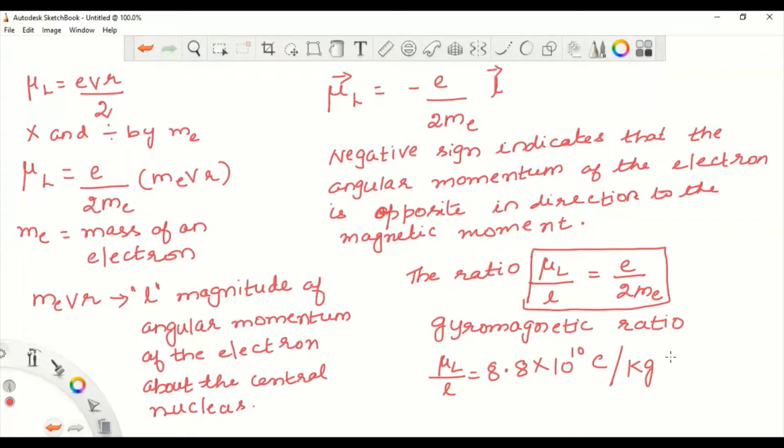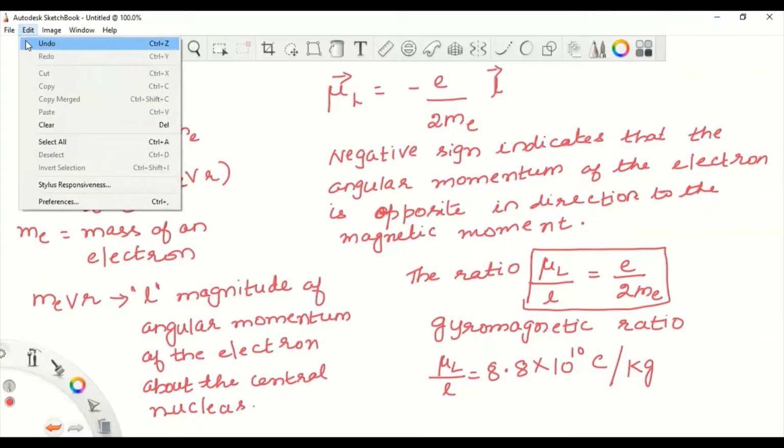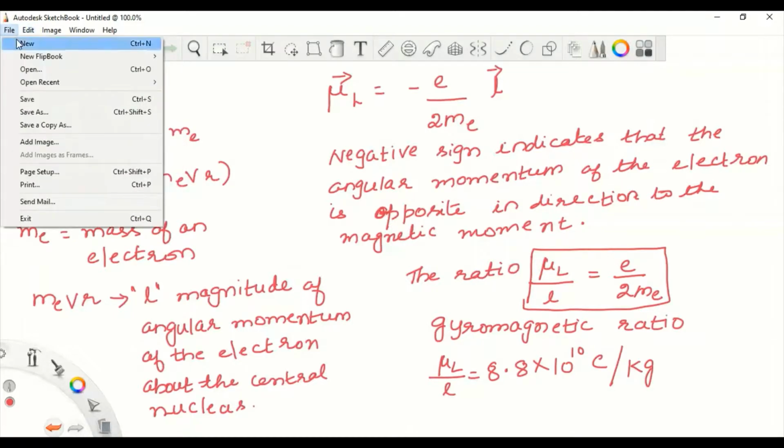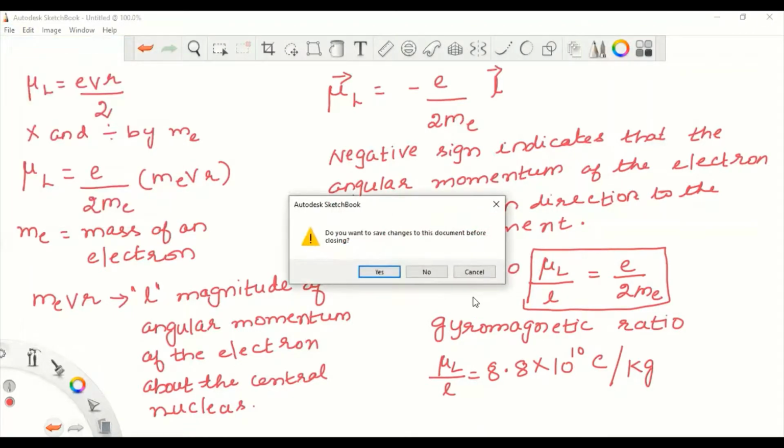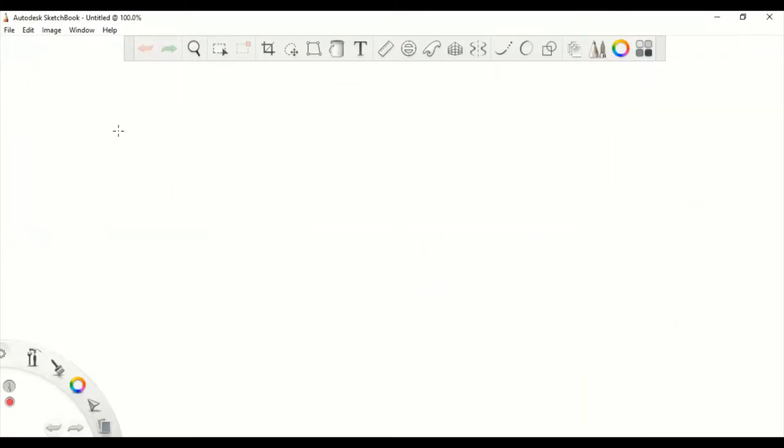I'm going to explain Bohr's quantization condition, though you will learn about it in the 12th chapter, in the second volume. L is equal to nh divided by 2 pi, as given by Bohr.